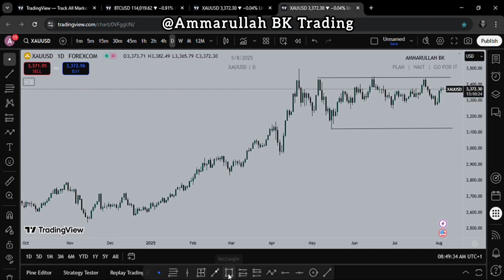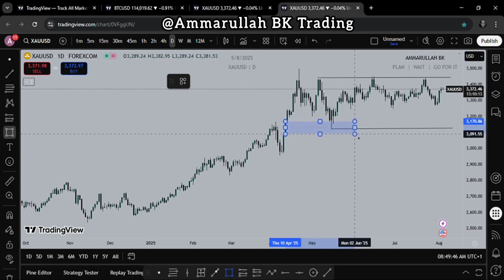And the market took out this low just to fill this imbalance of price, which is a fair value gap. What is a fair value gap?